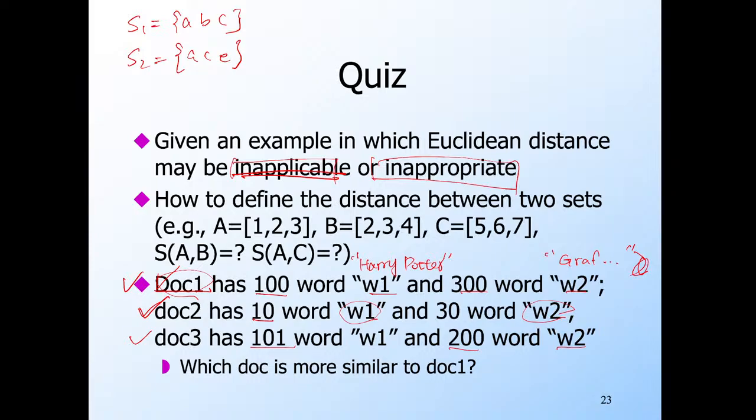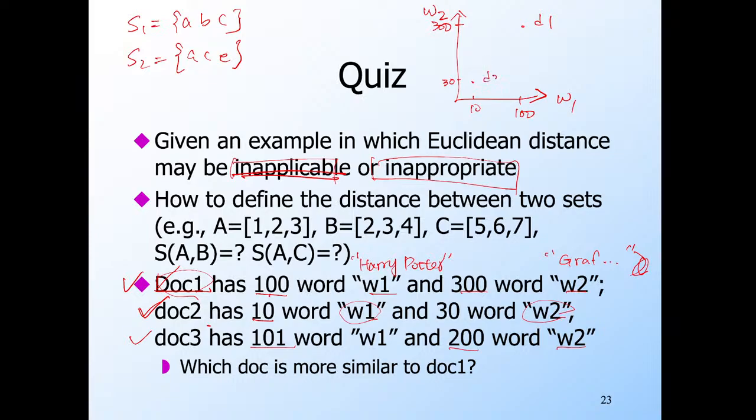So in this situation, if you use the Euclidean distance, doc 1 is word 1 and word 2, so 100 and 300. Doc 2 is 10 and 30, which is here.